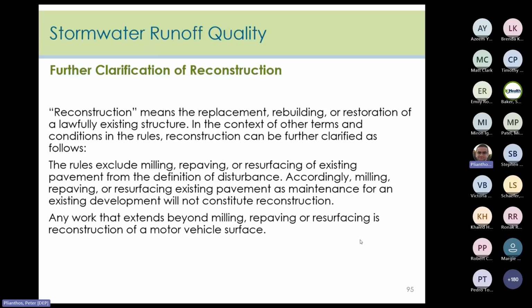Accordingly, milling, repaving, or resurfacing existing pavement as maintenance for an existing development will not constitute reconstruction. However, for any work that extends beyond milling, repaving, or resurfacing in the case of a parking lot, that would be considered reconstruction.